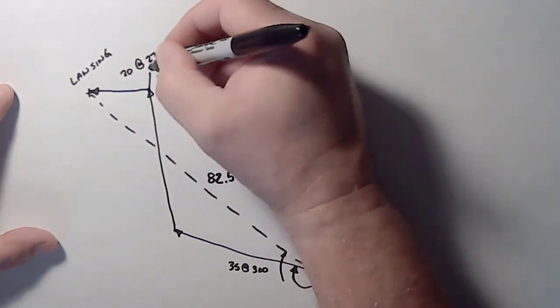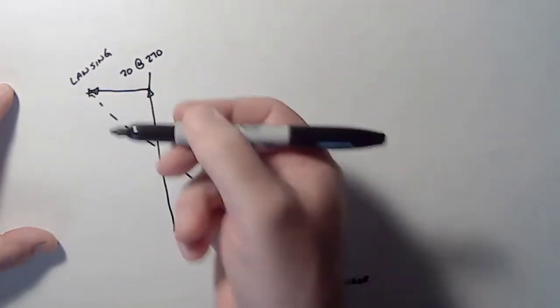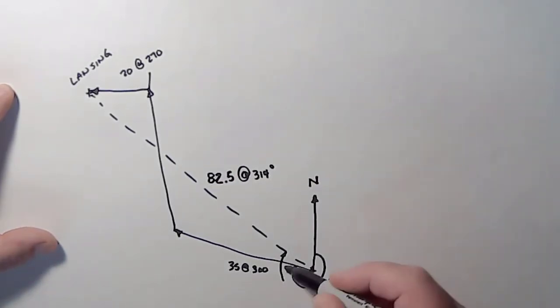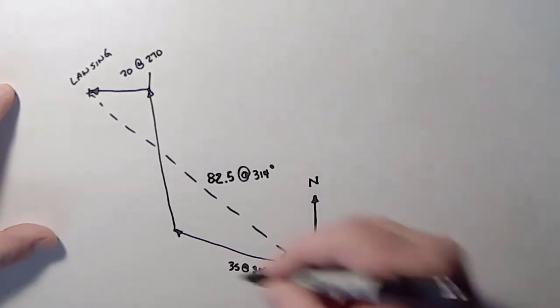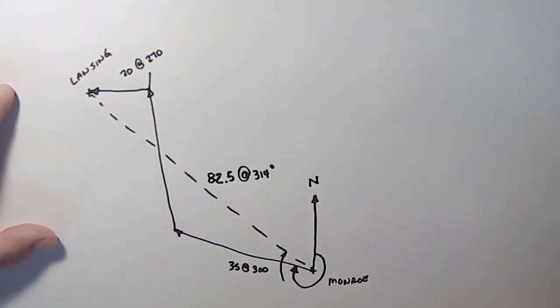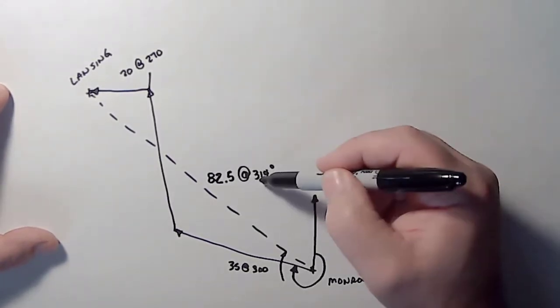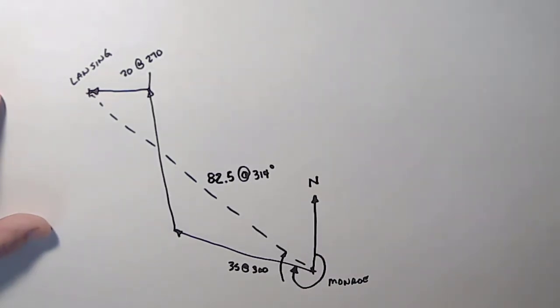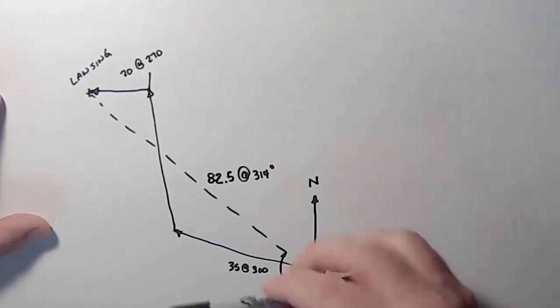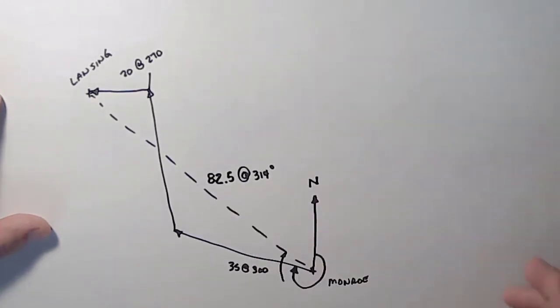So 270 degrees is purely horizontal. 300 degrees is 30 degrees above the horizontal axis. This guy is unknown. That's what we want to find out. And 314 is 314 minus 270, so it's 44 degrees above the horizontal axis.